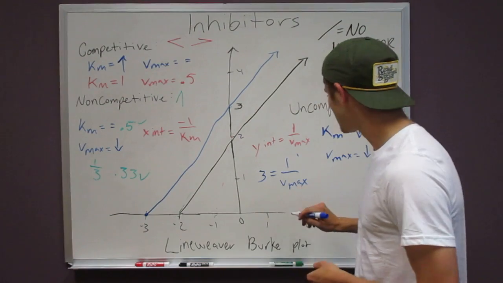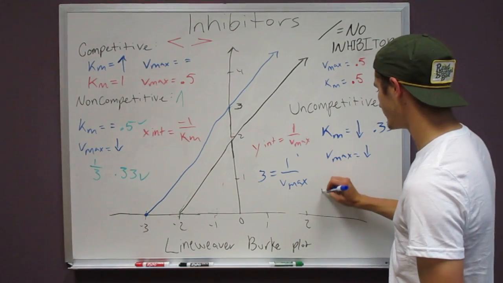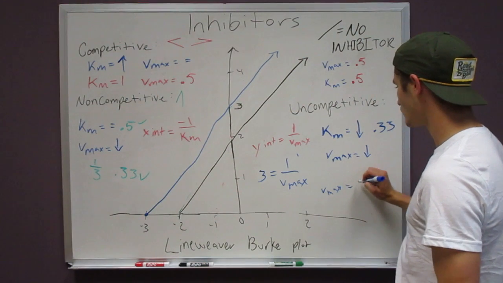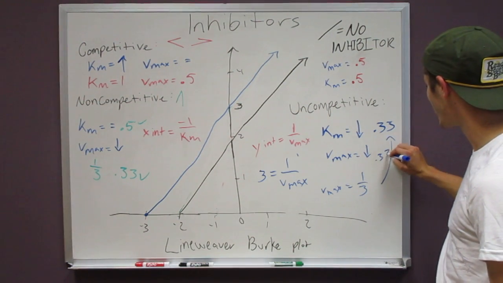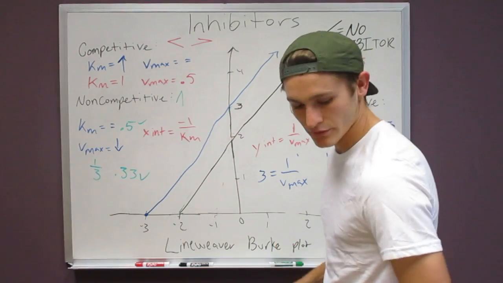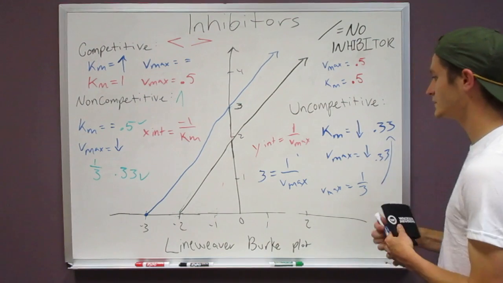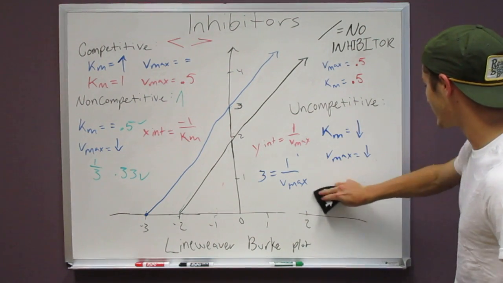So how do we solve this? These swap places, and Vmax is equal to 1 over 3, which is also 0.33, which is also lower than 0.5. So that is a way, given the data, we can calculate all that we need to know.